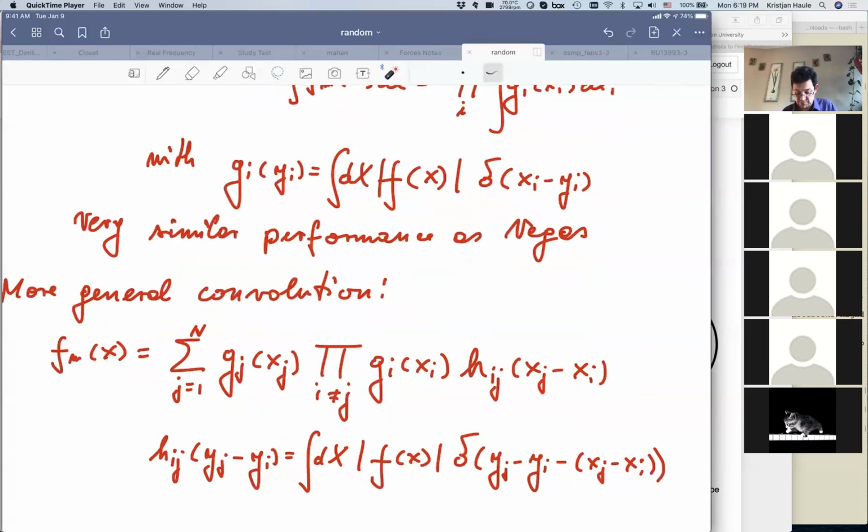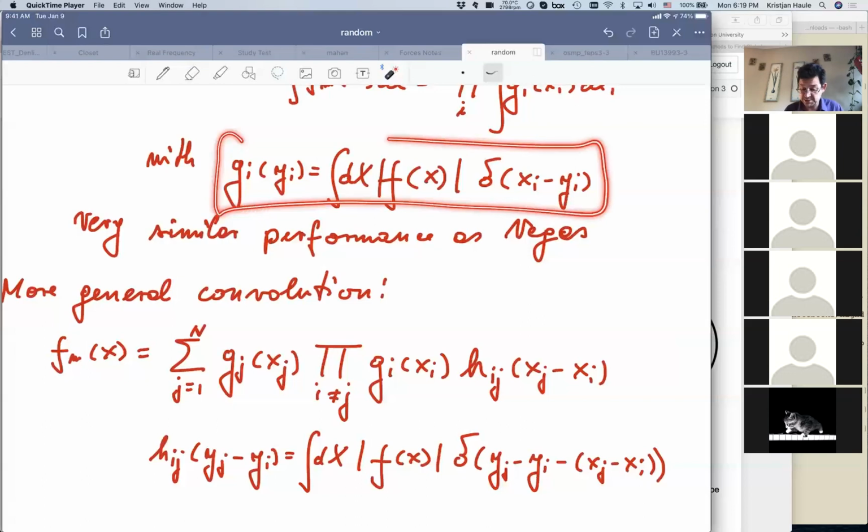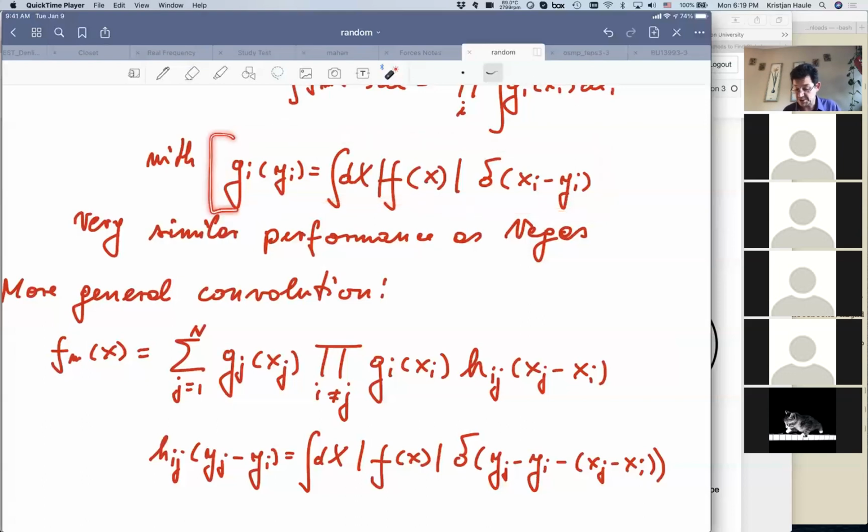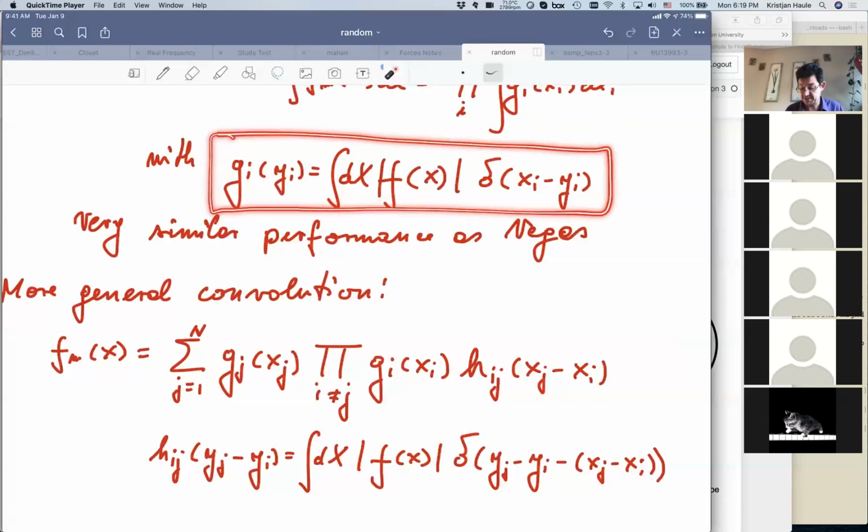Well, the best solution, of course, for hij is basically just to project the absolute value of the function on the diagonals rather than on the axis. So this gi is basically just projection of our function on the axis, isn't it?